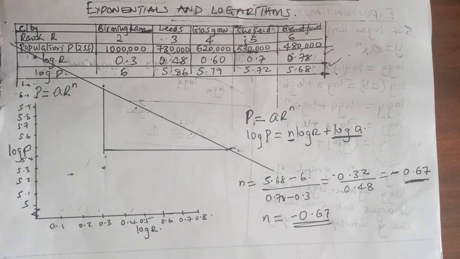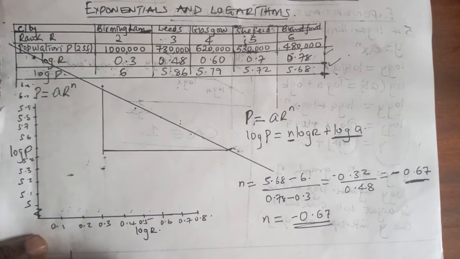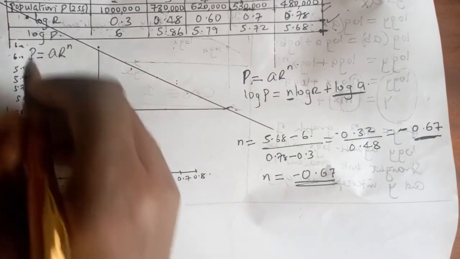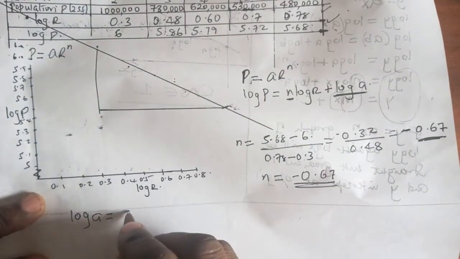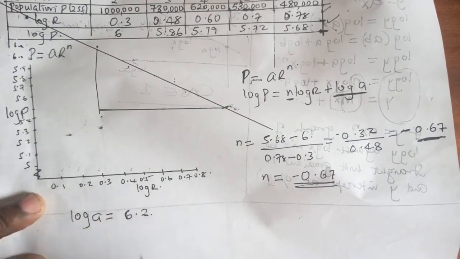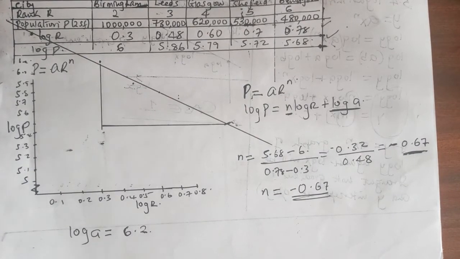If you consult the graph, the logarithm of A is actually the y-intercept, which is 6.2 or thereabout. If you draw accurately, you'll find something like that. That is not really important. What is important is to know how to evaluate the value of A.